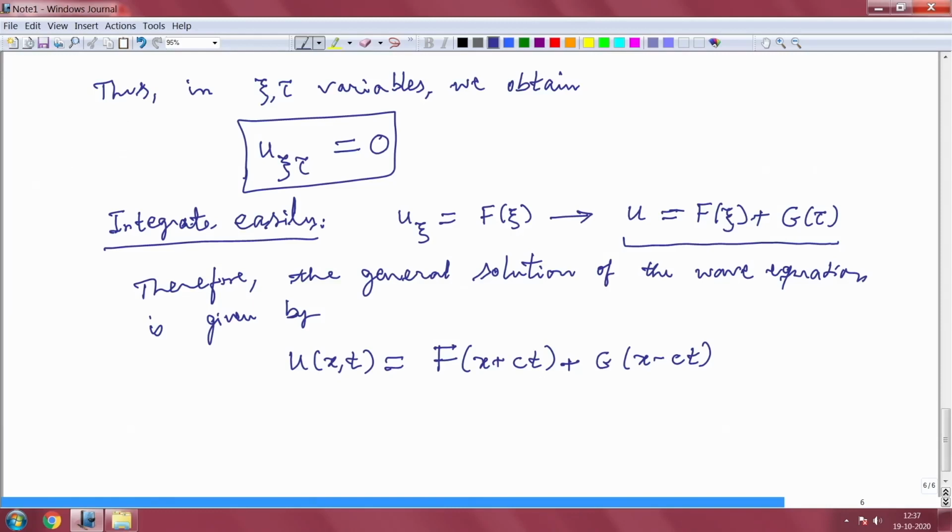C2 means twice continuously differentiable functions.